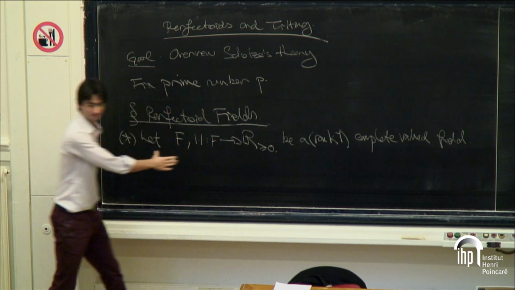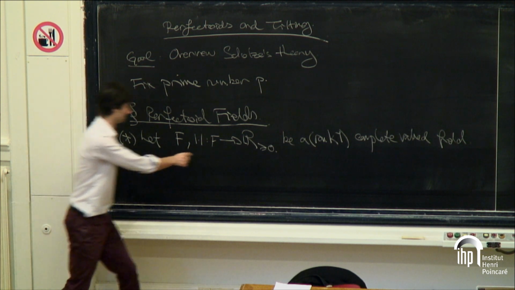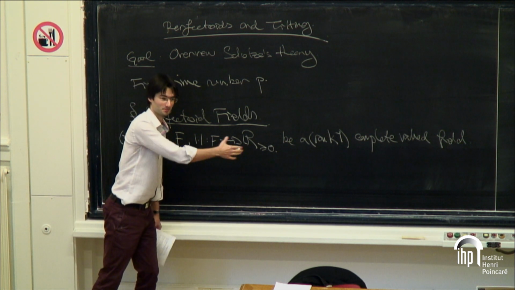Unfortunately, contrary to standard notation in the model theory of valued fields, I'm using multiplicative notation for the absolute value, even though I'm going to call it a valuation.